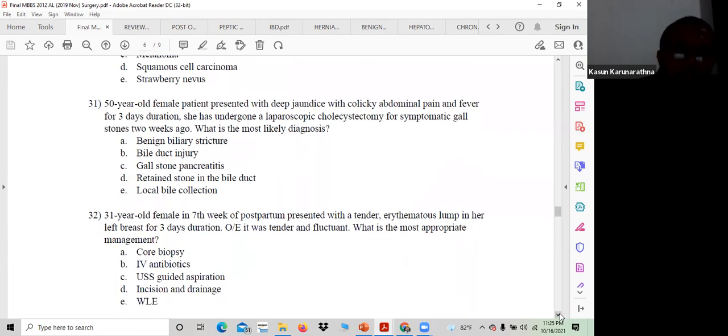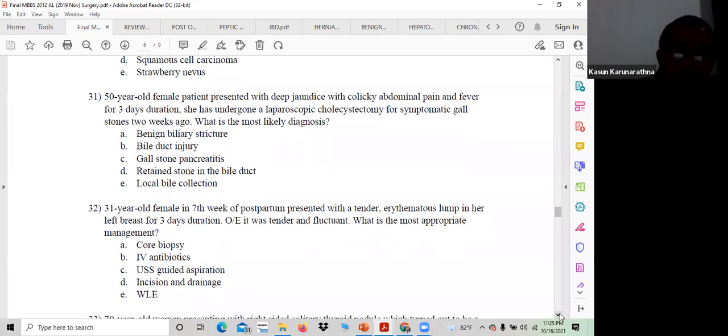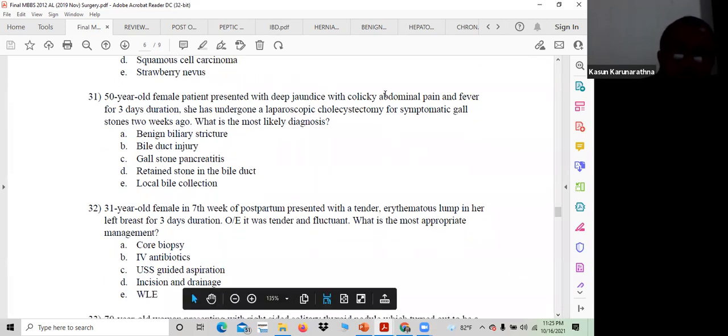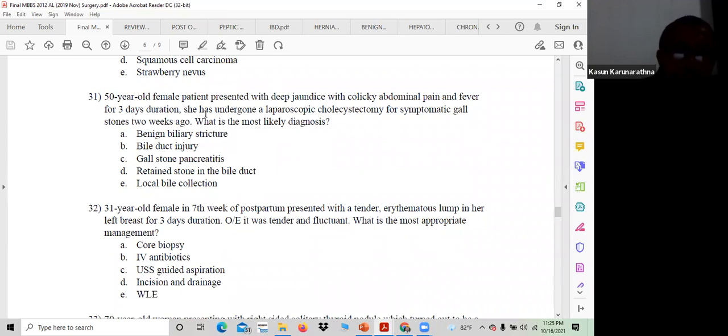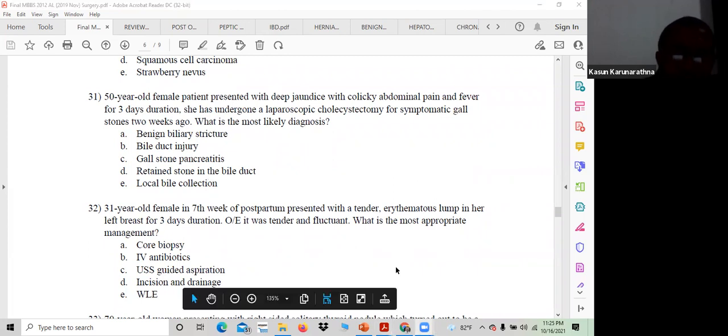31: a 50-year-old female patient presented with deep jaundice, colicky abdominal pain, fever for 3 days. What is this triad? Deep jaundice, abdominal pain, fever. She underwent lap cholecystectomy for symptomatic gallstone disease 2 weeks ago. What is the most likely diagnosis? What is the answer for 31? Is this Charcot's triad?